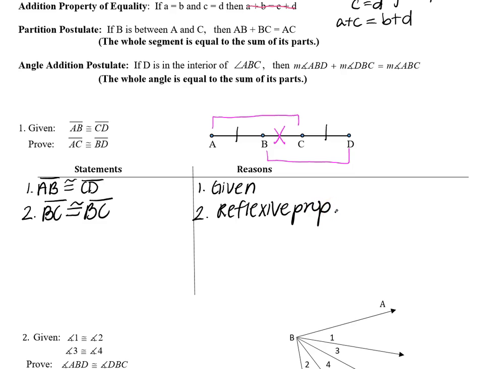Now like we said above, I have two statements here where these are congruent and these are congruent. So if I add them together, AB plus BC, which is what AC is made up of, it'll also equal CD plus BC.